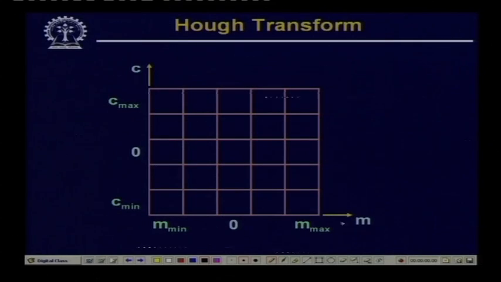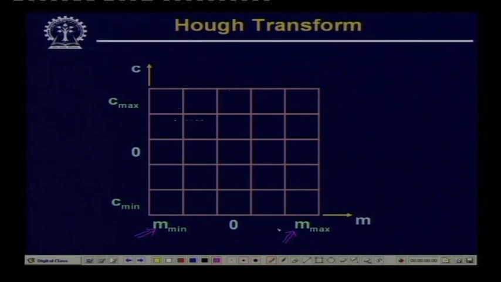Here we have a range of slopes, which is the expected range of slopes in a particular application, from m minimum, that is the minimum slope, to m maximum, the maximum slope.